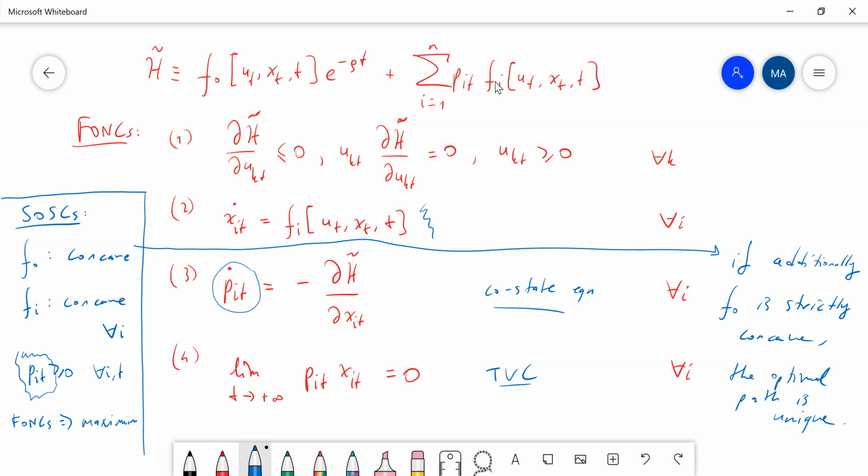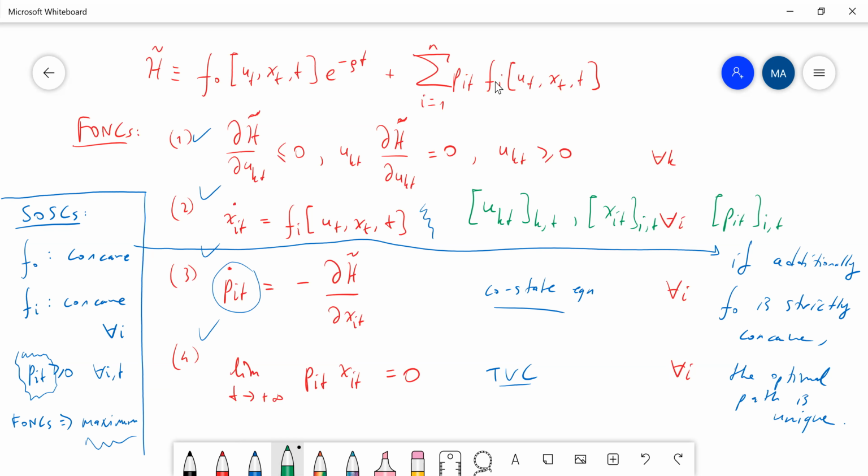Then if there is a path satisfying 1, 2, 3, and 4, then that path will give us the solution. And when I say a path, of course, what I mean is u_kt for each k and t, x_it for each i and t, and pi_it for each i and t.